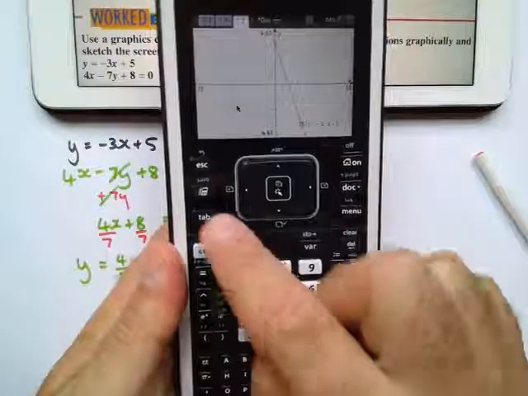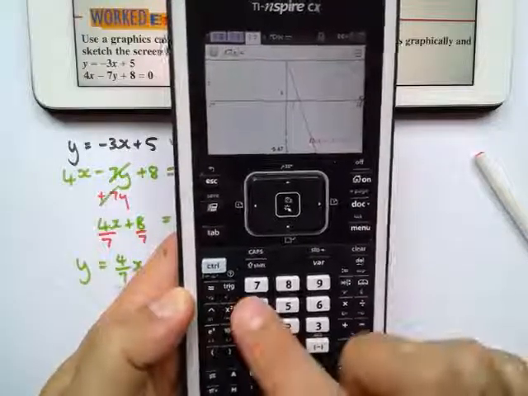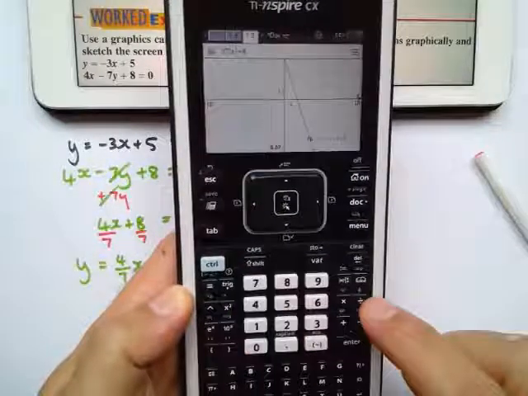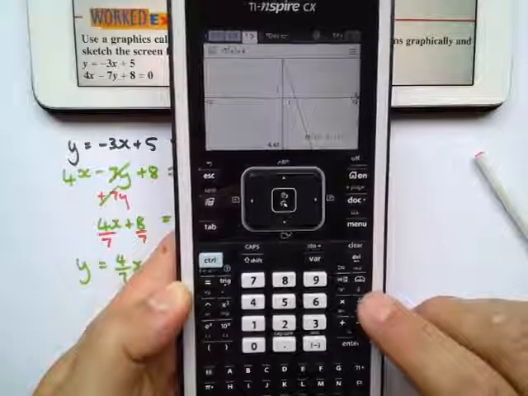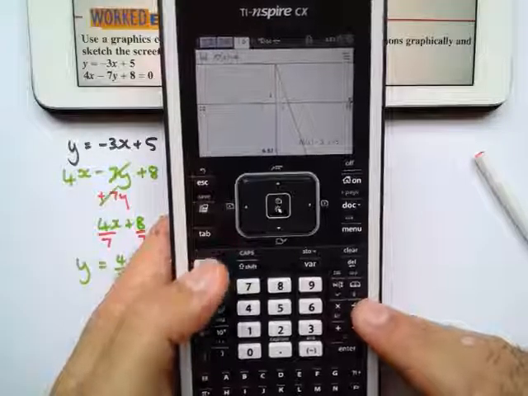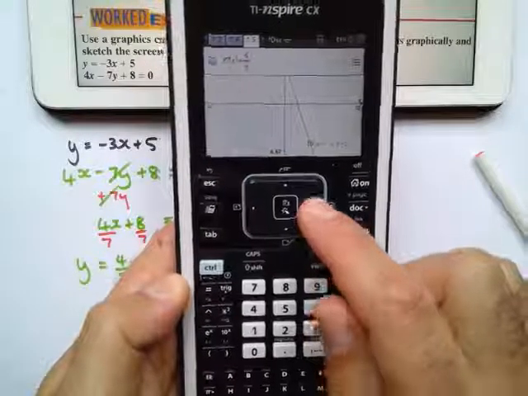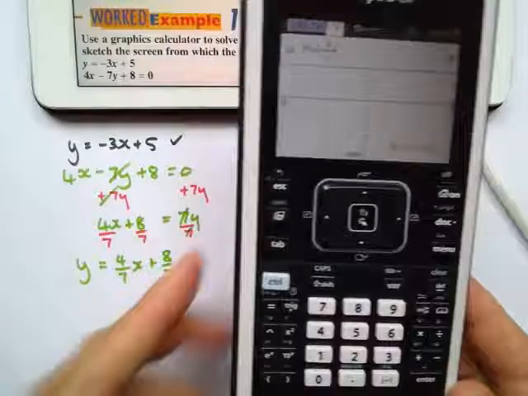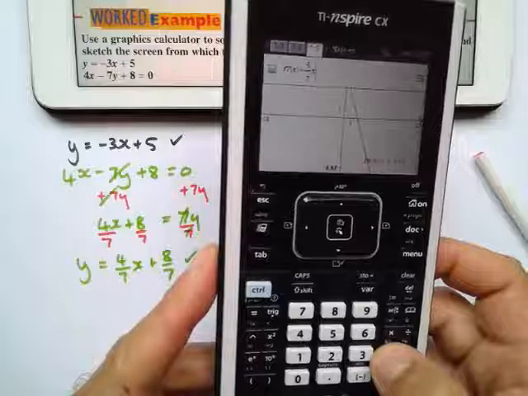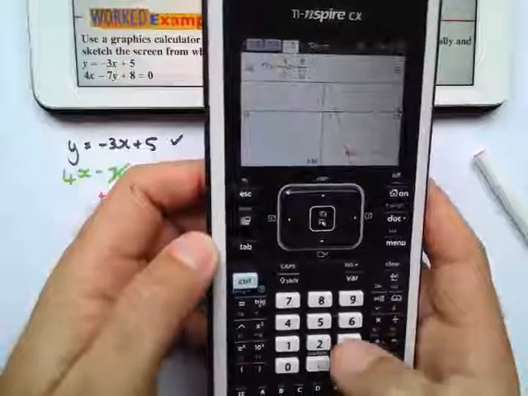I'm now going to put in my second equation, y equals 4 over 7x plus 8 over 7. To do that, I need the tab key to get another function. I'm going to say 4 divide by 7. Now there is a button on the division sign. If you use control, division sign, it actually gives you 4 over 7. Go out with the arrow, x, plus 8, control divide, over 7.